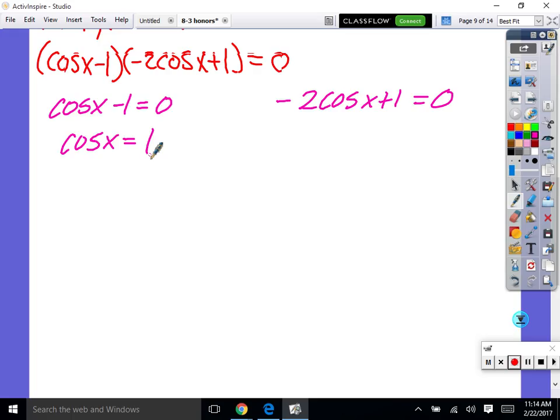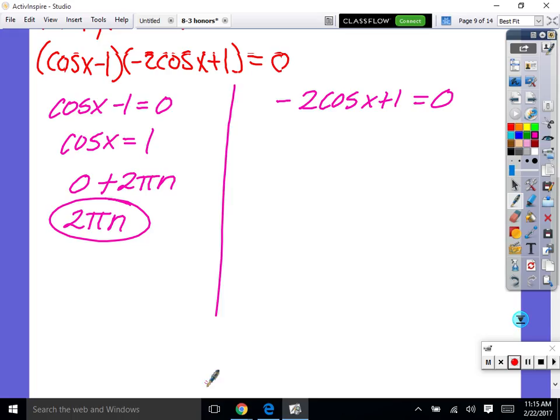So x is 0. No, wait, it's not pi. It's 0, but then 2 pi is a repeat of 0. So it's 0 plus 2 pi n, which is just 2 pi n. There's one of our answers.